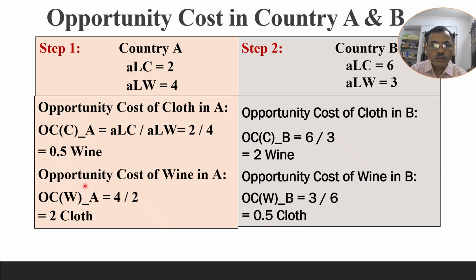Now calculate opportunity cost of wine, that is OCW in country A, equal to 4 by 2, that is ALW by ALC ratio, equal to 2 units of cloth.